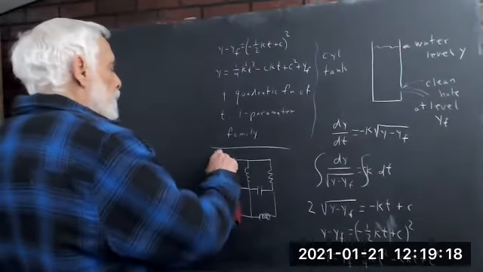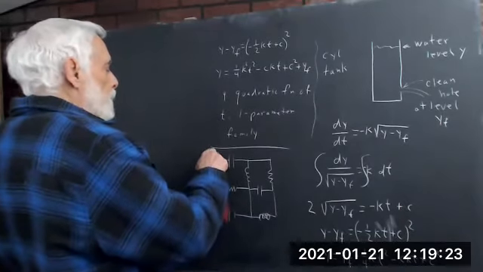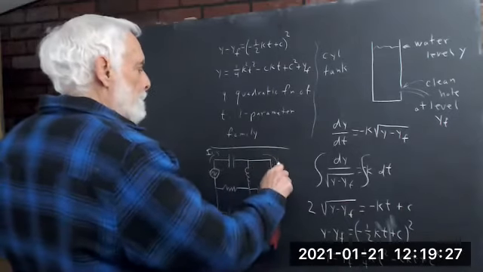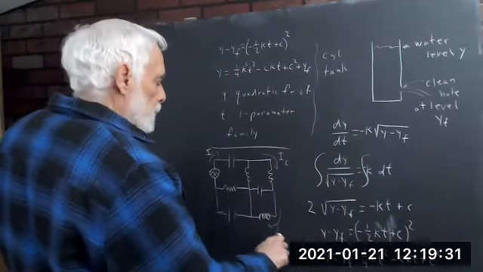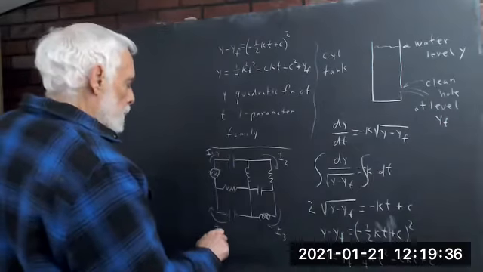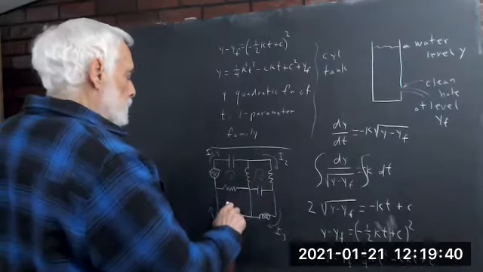You're going to have a current here, call that I1, a current here, call this current I2, a current here, call this current I3, and a current here, which we can call I4. Now these currents go around loops.